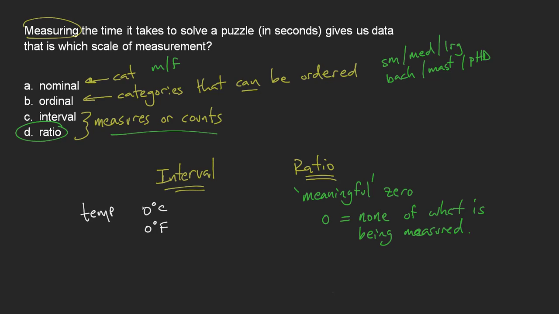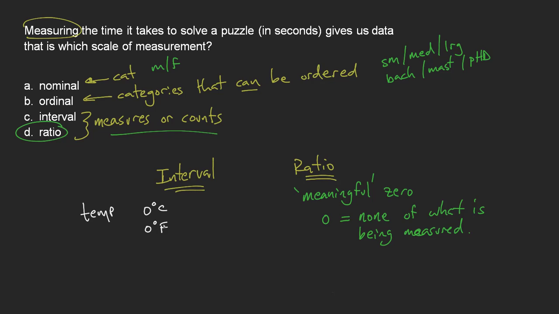When you're measuring temperature, you're measuring how much heat there is. So is there no heat when it's 0 degrees Celsius? Not really. It could be colder. It could be -5, -10, -20, -40 degrees Celsius. Same thing with 0 degrees Fahrenheit. You can go colder.